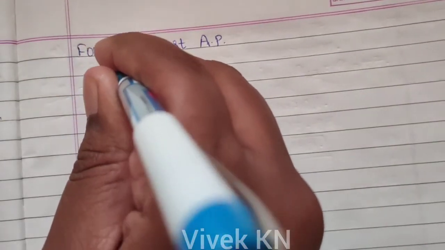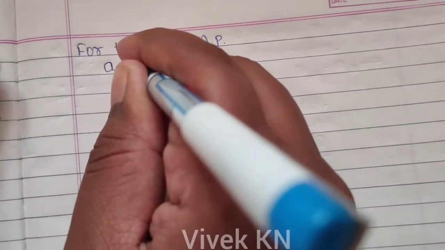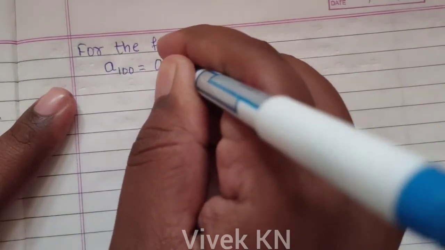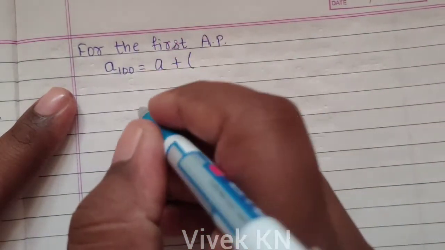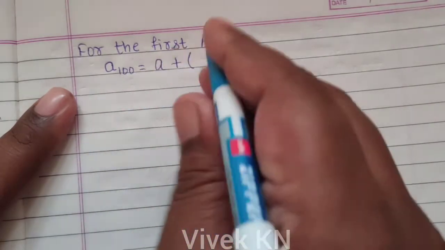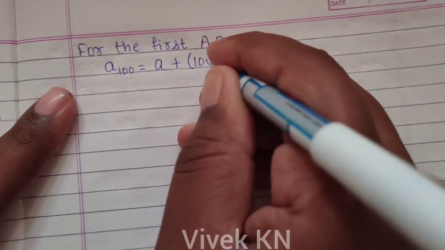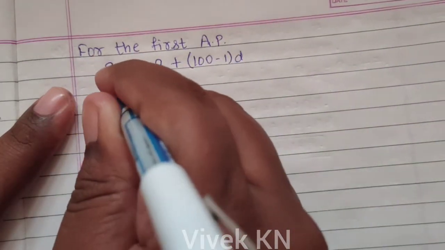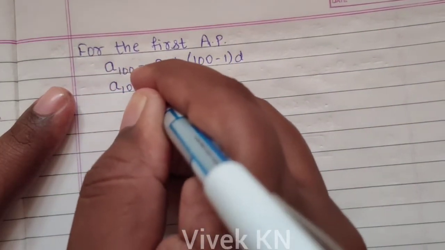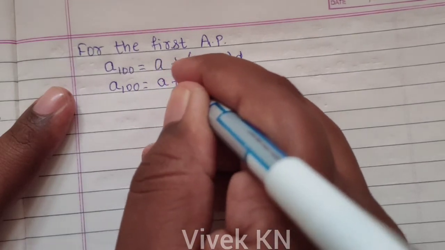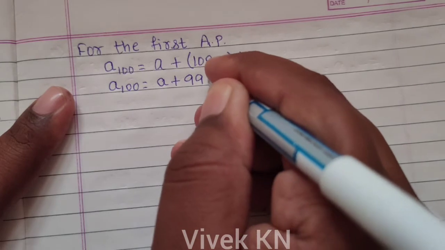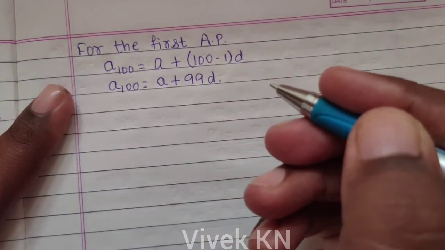let us calculate the 100th term value. a100 is equal to a plus n minus 1, that is the value of n is 100, so 100 minus 1 into d, that is a100 is equal to a plus 100 minus 1 is 99 into d.